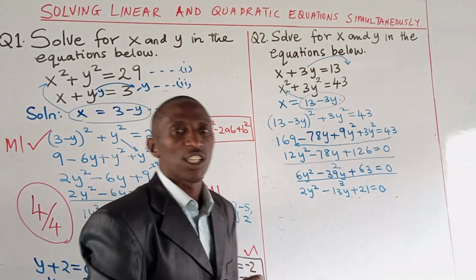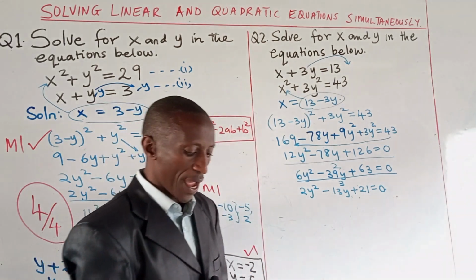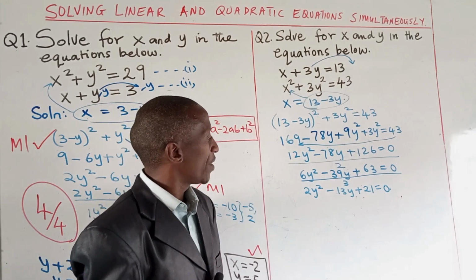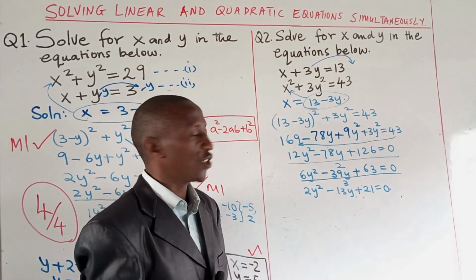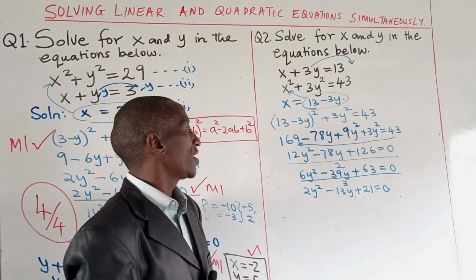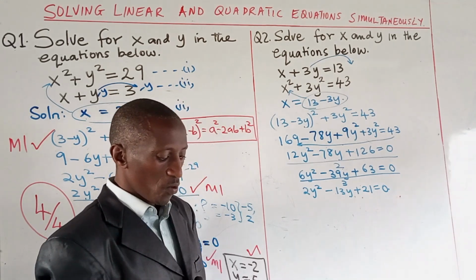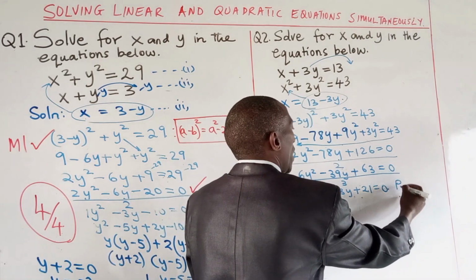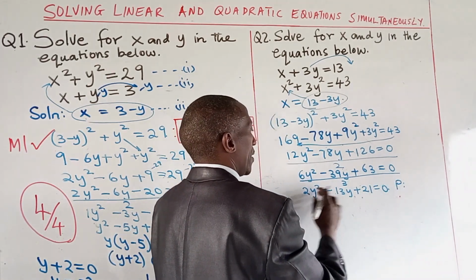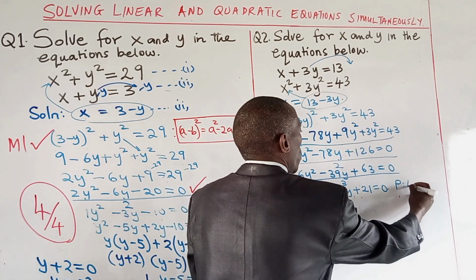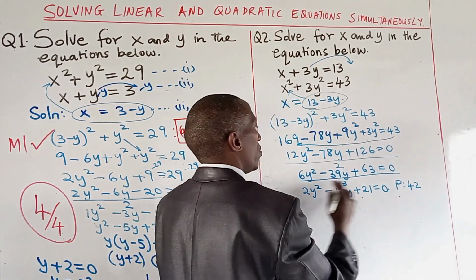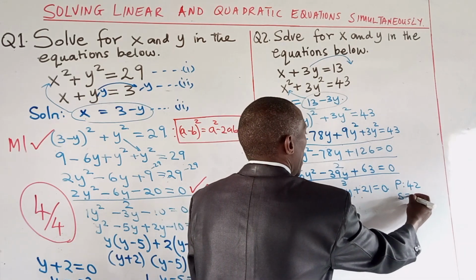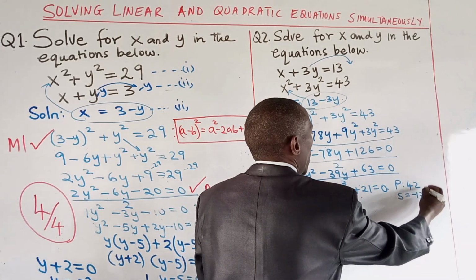So this quadratic equation now can be solved by factorization, and we just need now to look for 2 factors or 2 numbers whose product is 42, that is 2 times 21, that is 42, and whose sum is negative 13.